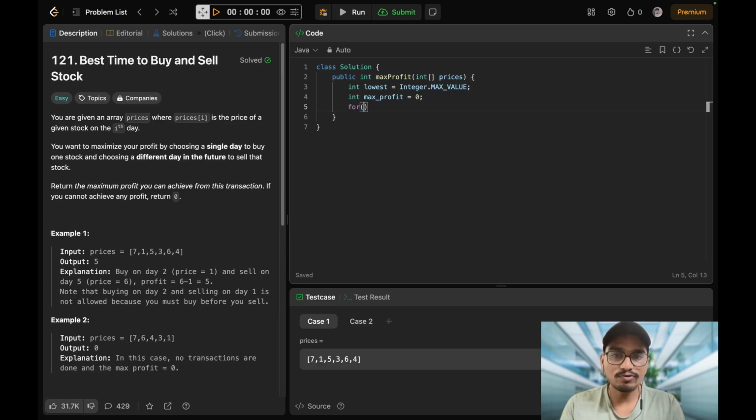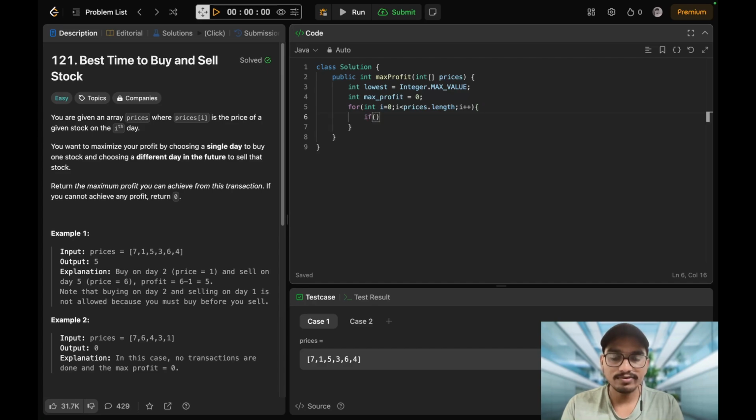Now the for loop: for int i equals 0, i less than prices.length, i plus plus. I'm moving ahead, and right now I'm writing the code.